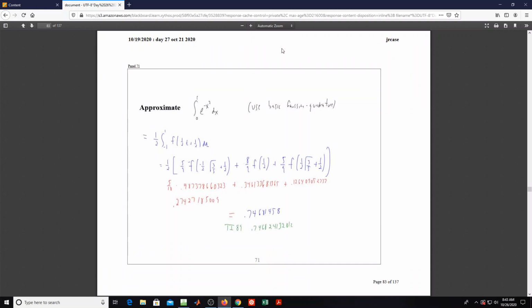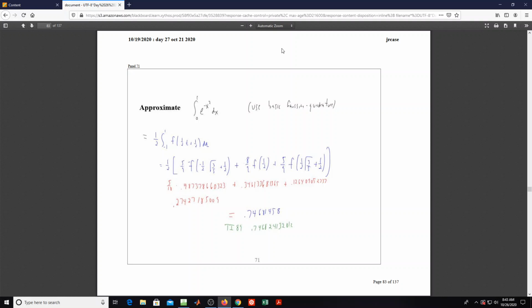Everybody's happy. So, for example, if you wanted to use the Gauss quadrature on e to the negative x squared from 0 to 1, our first standard deviation area, although we don't have 1 over the square root of 2 pi, so it's not going to be the norm CDF. We put the 1/2 t plus 1/2 in there.